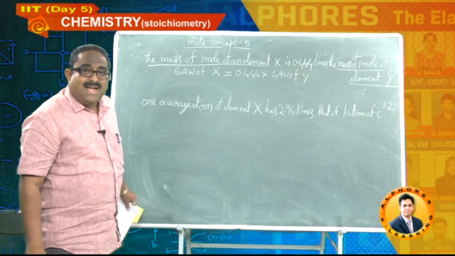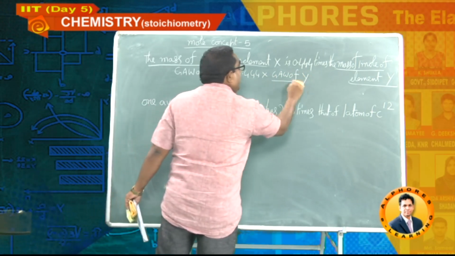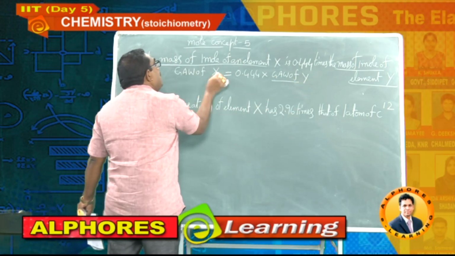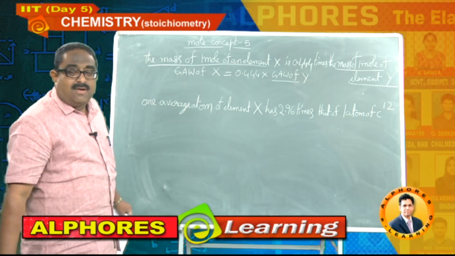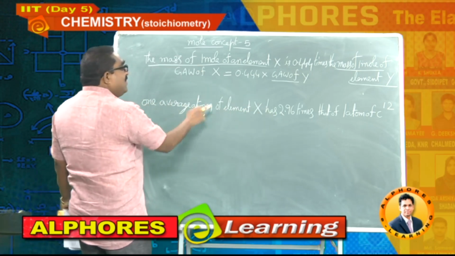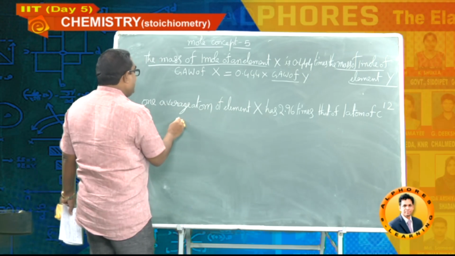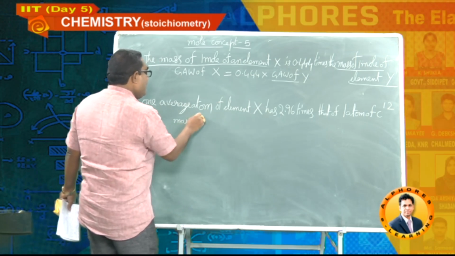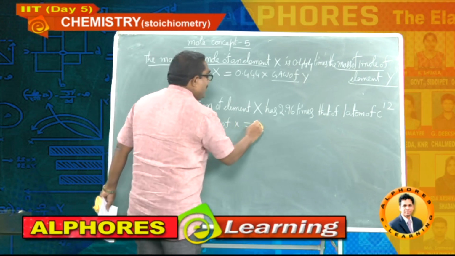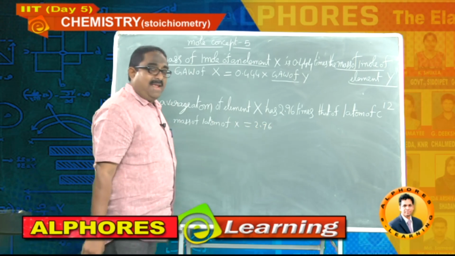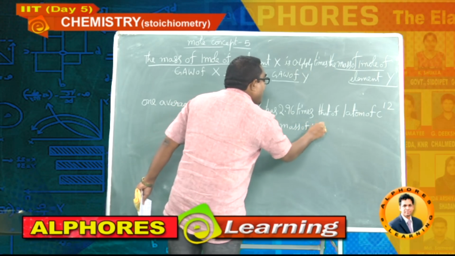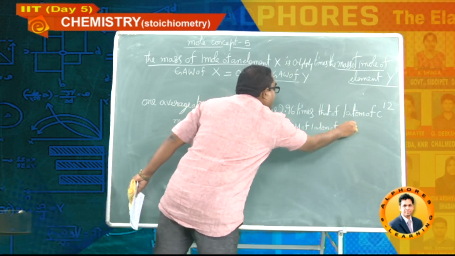Now our final task is to calculate this one. So you should have the value of this, that is the gram atomic mass of X, which we can get from here. Here it is simply given for 1 atom of element X, so I am writing: mass of 1 atom of X is equal to 2.96 times the mass of 1 atom of C12.